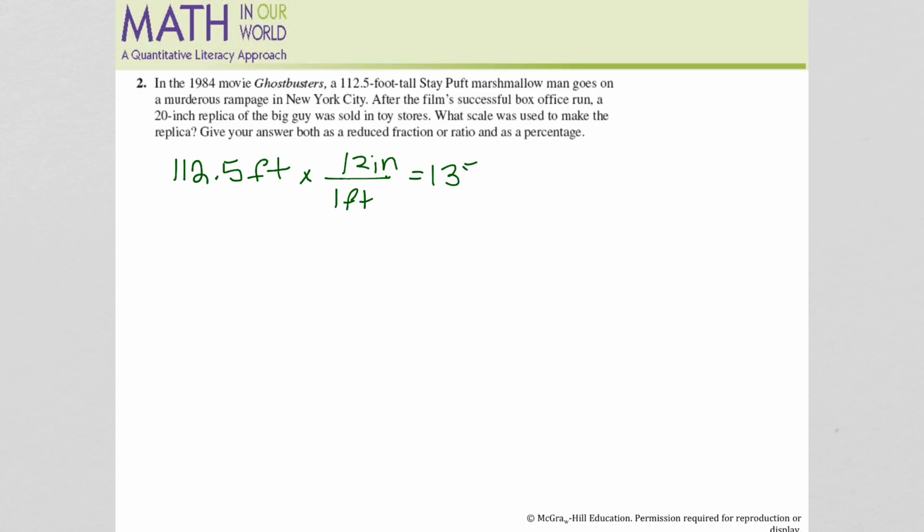That's 1,350 inches. So our scale must be 20 inches for the smaller, 1,350 inches for the larger. If we reduce that, that's 2 over 135. So written as a fraction, our scale is 2 to 135.